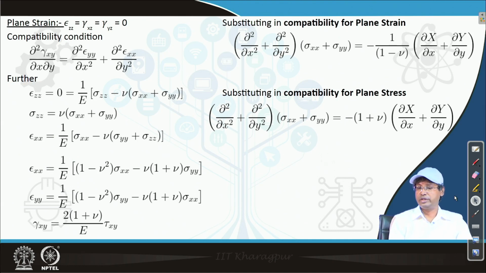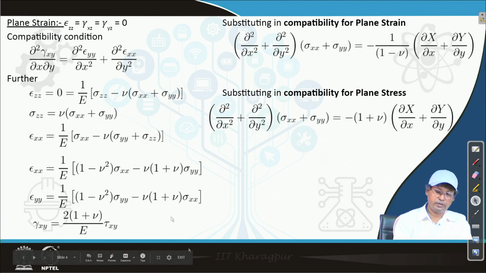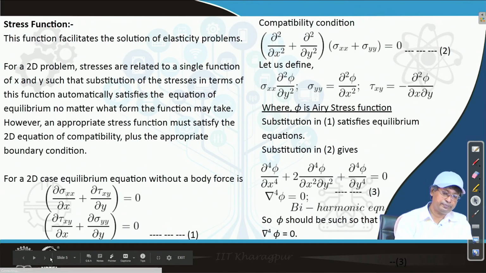One point you must note here is that the left hand side is the same, even this part is also the same, only this constant is changing. So, with that note, let us move forward.